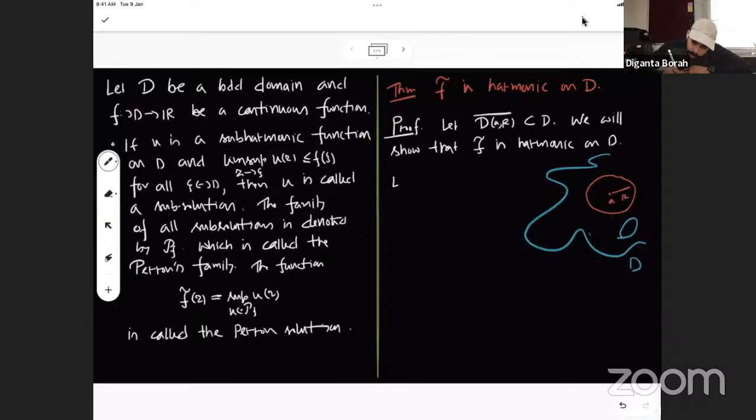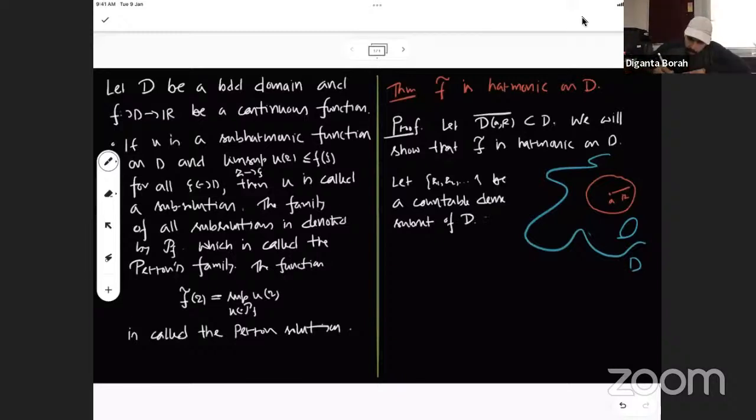So let z1, z2, and so on be a countable dense subset of the disk.